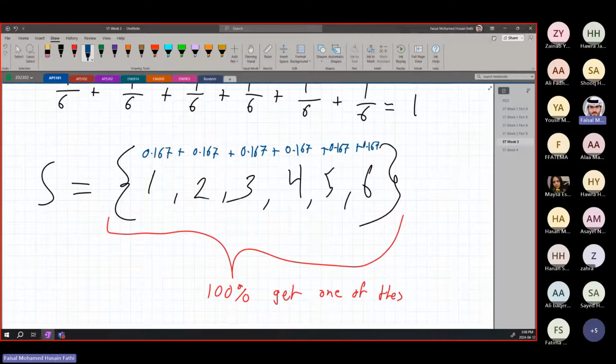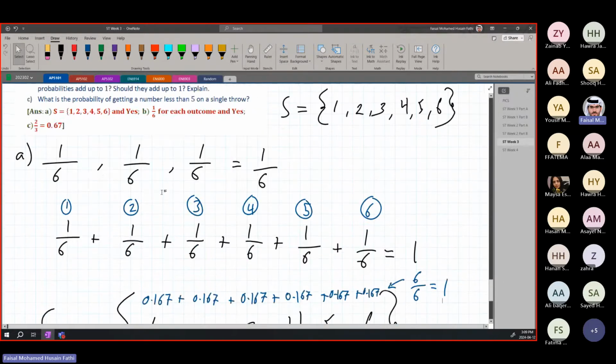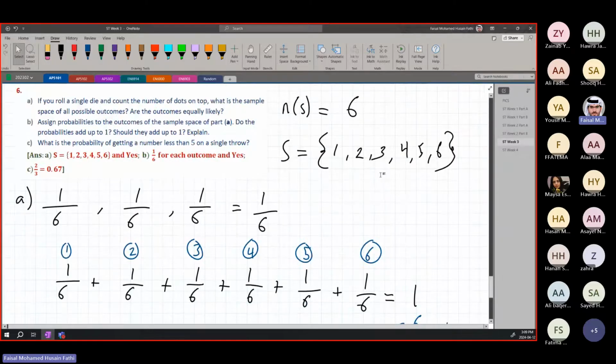So when you're saying what is the possibility of one of these occurs, it is going to be a specific 1 over 6, but all of these are within the same sample space. So the total number of them is going to be 6 over 6, which is equal to 1. Okay? This is the whole point of the question part B. So you will always, when you're adding up all the probabilities you have within a specific sample space, it has to always be equal to 1.